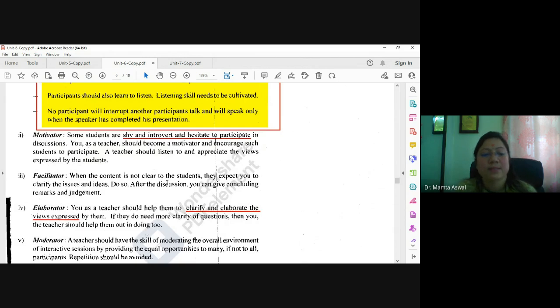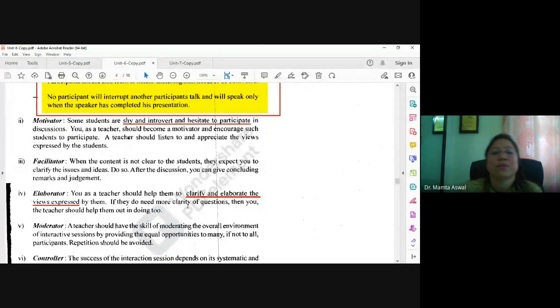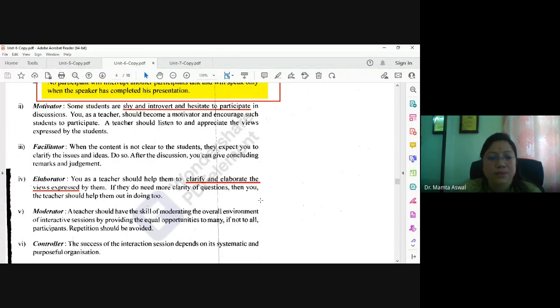We have discussed he must be a facilitator. He must provide facilities as well as resources to the children. He must elaborate and clarify the thoughts and doubts of the children. Any questions which the children have asked must be clarified by the teacher.